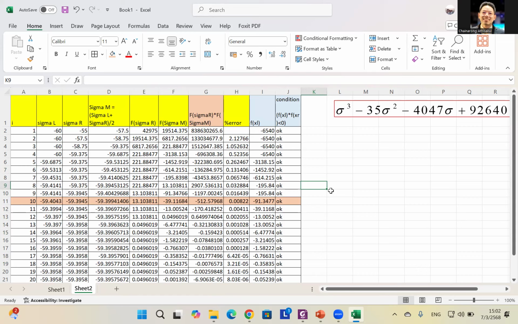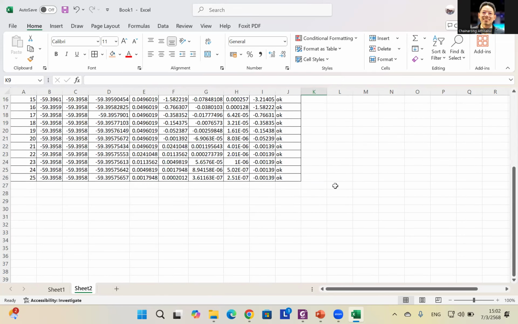So then actually we should do more. Okay, we should do more, so that we can process it until f(x) becomes close to 0. And you see that the value of sigma should be around here.